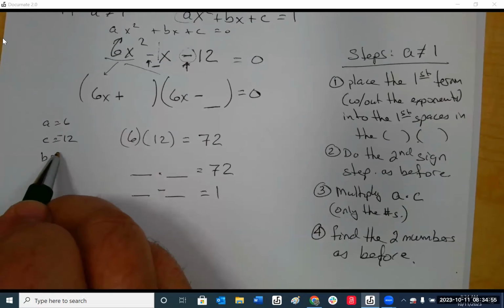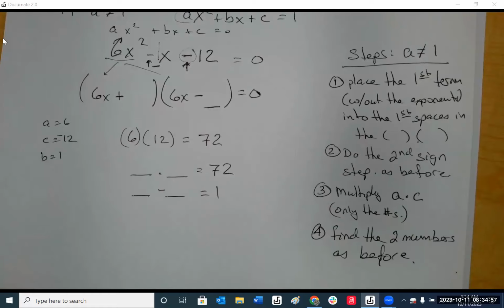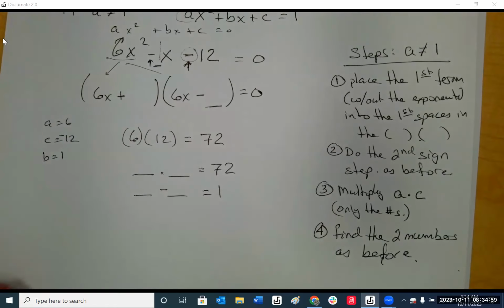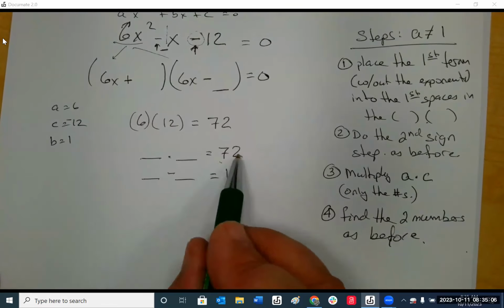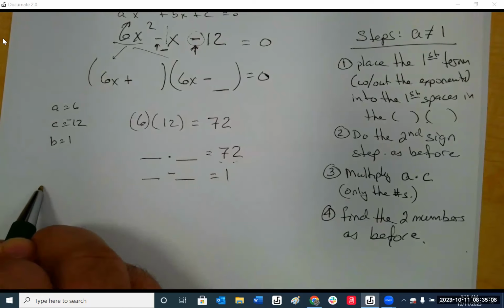Because our B term is equal to 1, it equals 1. So this is where it gets tough. Let's look at what two numbers we have.